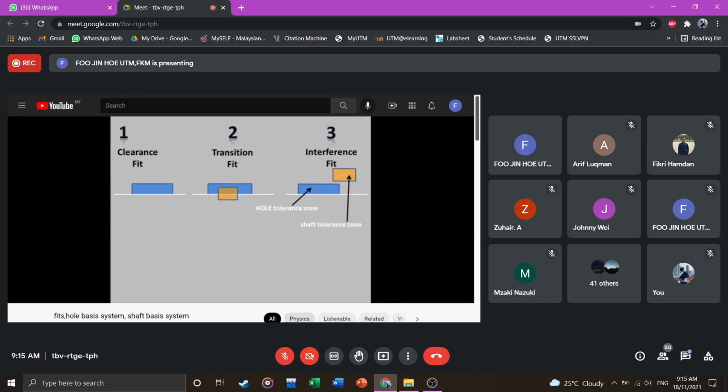That means shaft tolerance zone must lie below the hole tolerance zone like this. Now, if you have observed, shaft tolerance zone is changing its position to get the required fit, but hole tolerance zone is not moving its position with respect to the zero line. It is hole basis system of limits and fits.